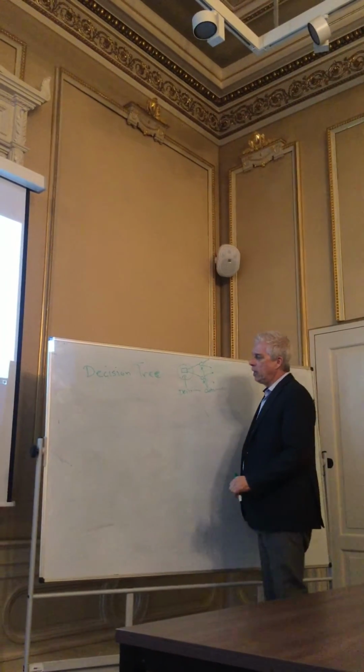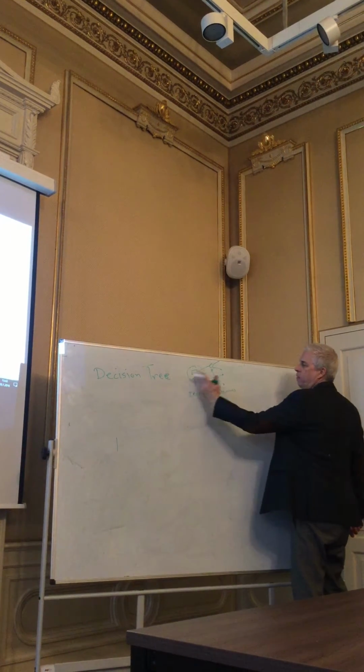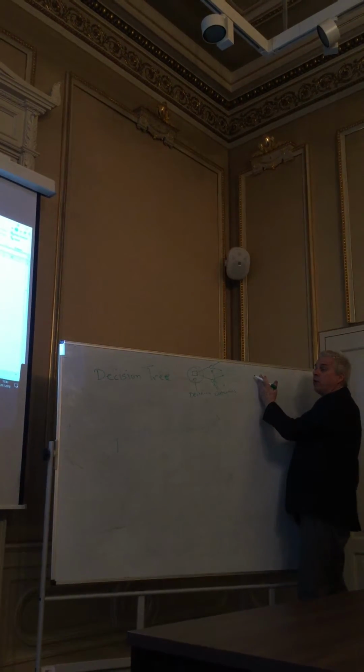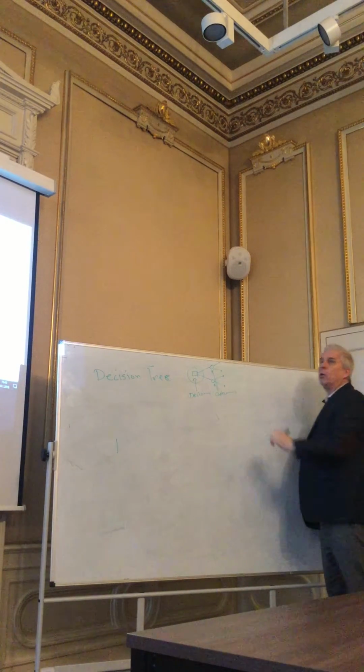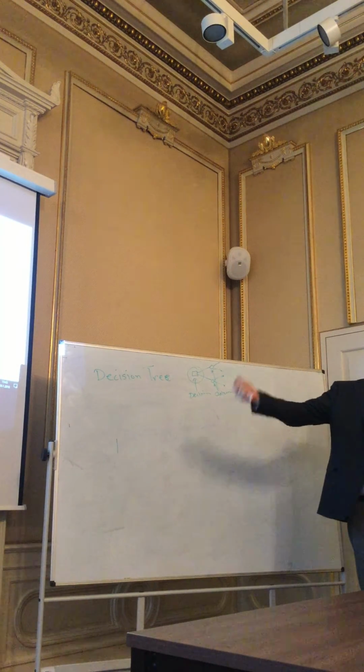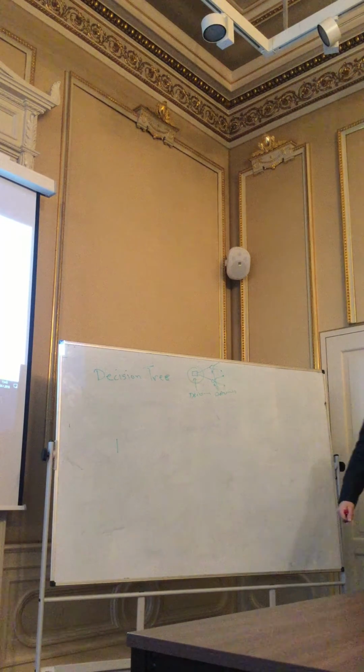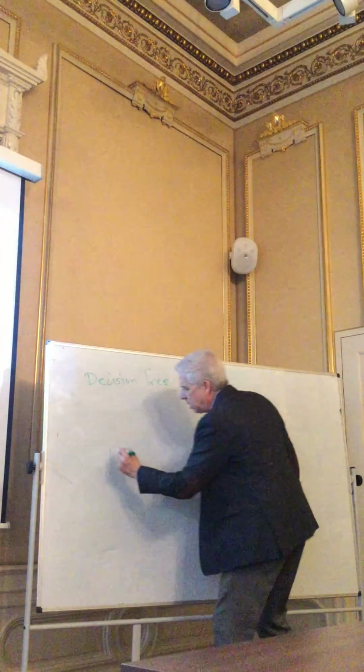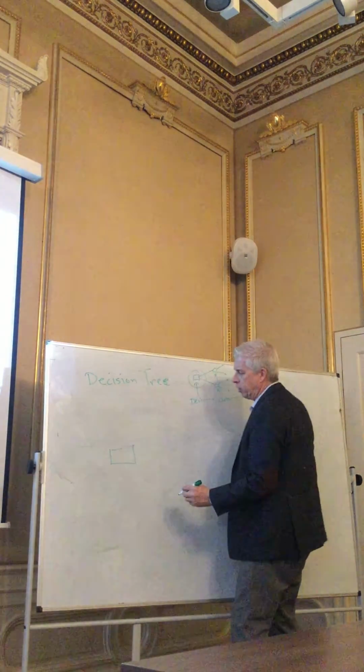Also, the flow sideways indicates how things happen in time. Do we get to find out first where they're building the airport, or do we have to make our land decision first? Land decision, okay, so we have a decision first.